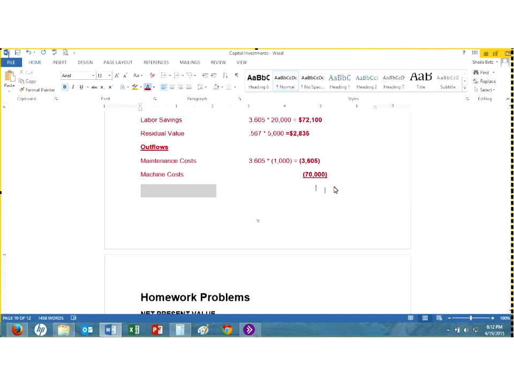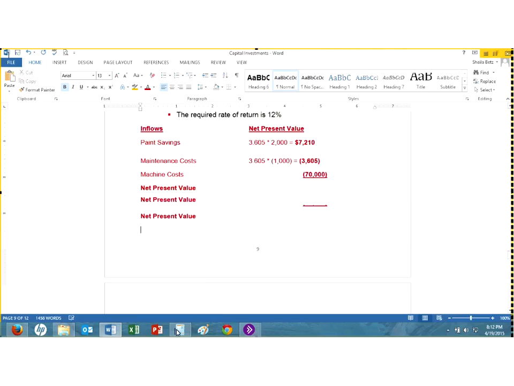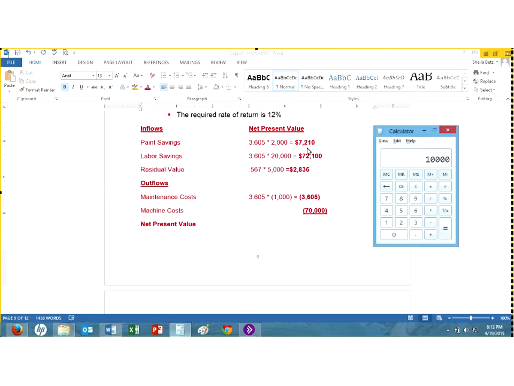So now I want to calculate my net present value. All right, so let's get out the little calculator. We're going to add up all the inflows first: the 7,210, plus the 72,100, plus the 2,835. Then we're going to subtract out the $3,605 and the 70,000.